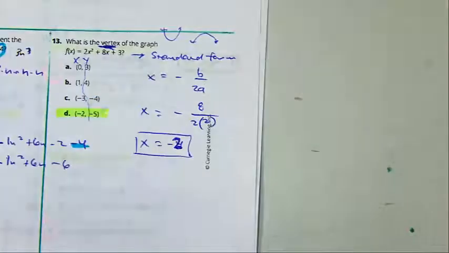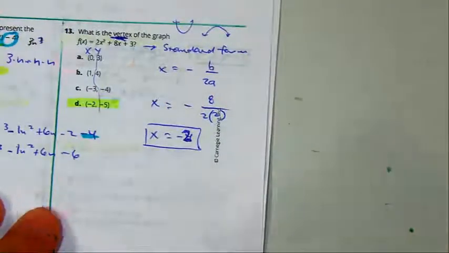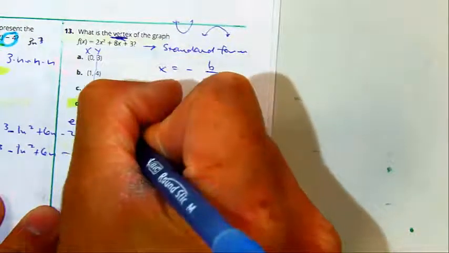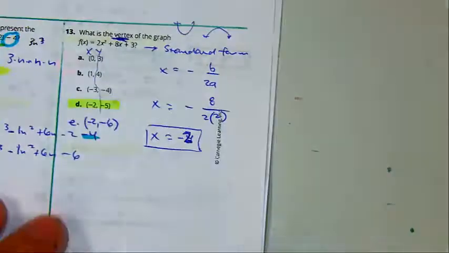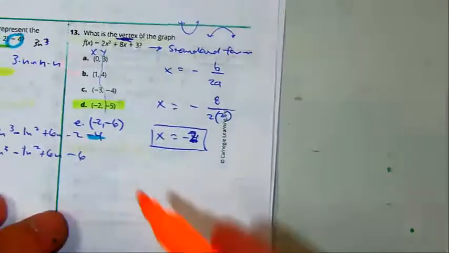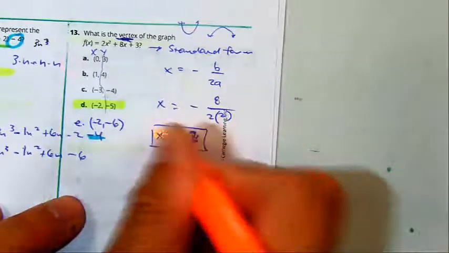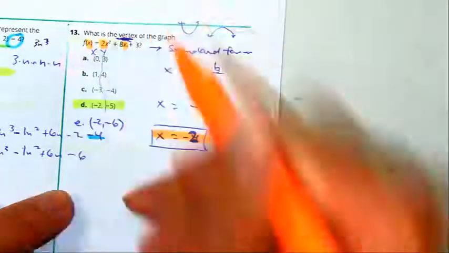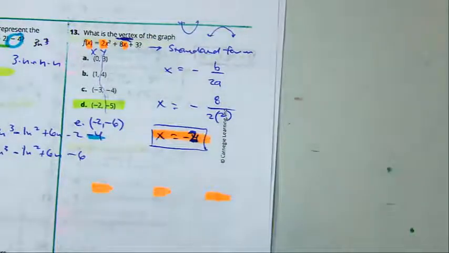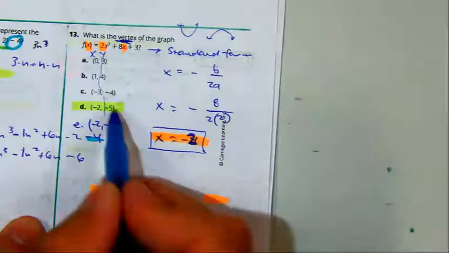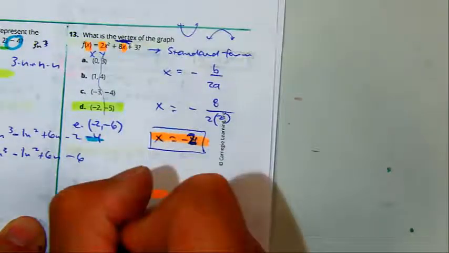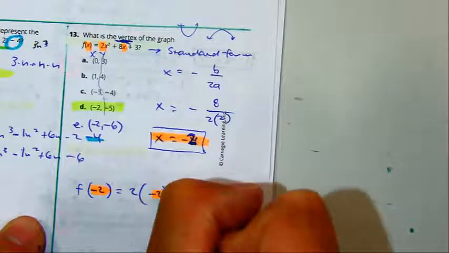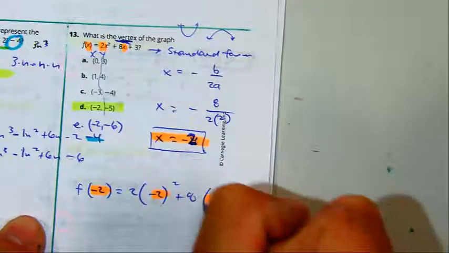Okay, let's just say they were super tricky and they had a different ordered pair that says -2 and -6. How would you know the difference between the two of those? Well, what you can do with this number, -2, is basically you just put it back into the function for every time you see the number x. Let's do that together, just to show you why it is a -5 and not -6. So f of -2 equals 2 times -2 squared plus 8 times -2 plus 3.